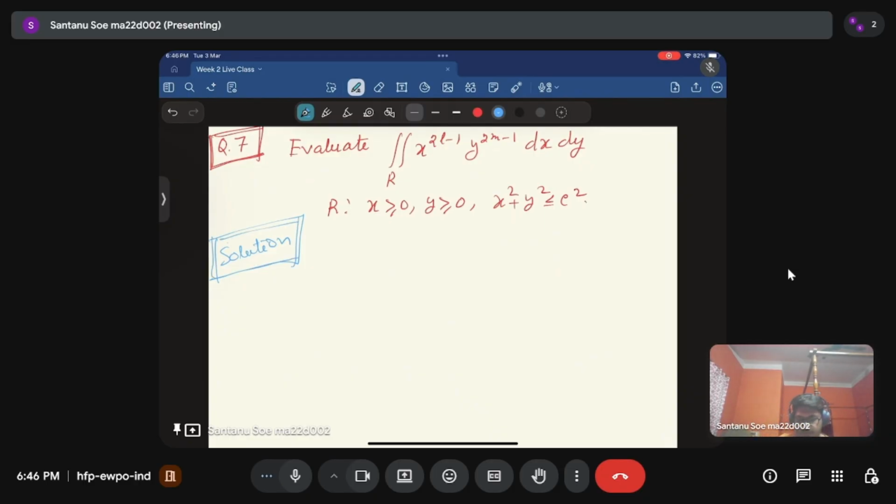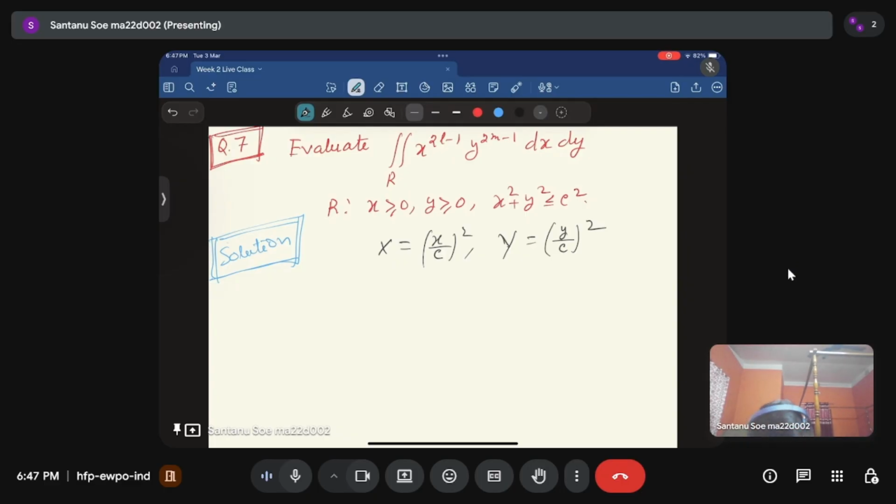Okay. So this is also an application of the Dirichlet integral. So first we're going to change into the exact form of the Dirichlet integral, and then we'll try to evaluate this integral, right? And for that reason, we're going to take capital X to be x by c whole square, and capital Y to be y by c whole square. Okay.